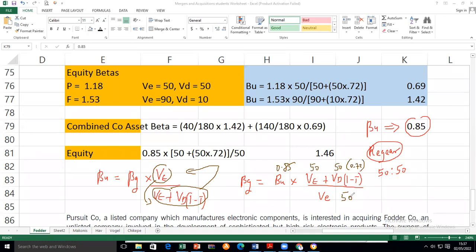And if that is correctly done, your conclusion will be that the equity beta for the combined company is 1.46. And this is a small figure which has taken us so much time. This is the beta that we are supposed to use.